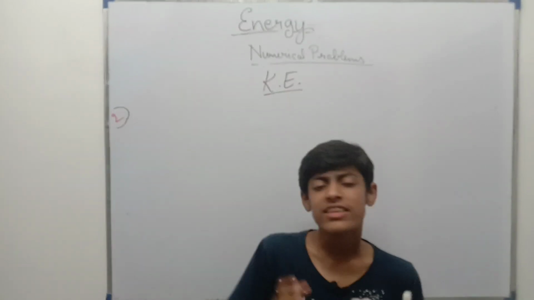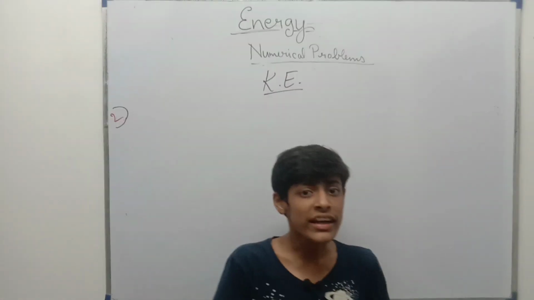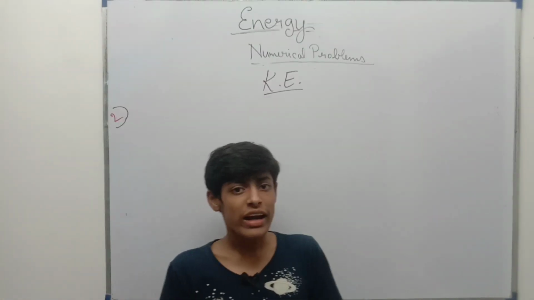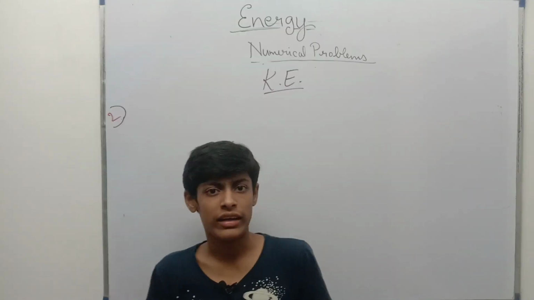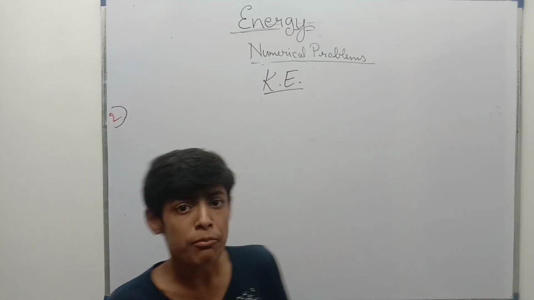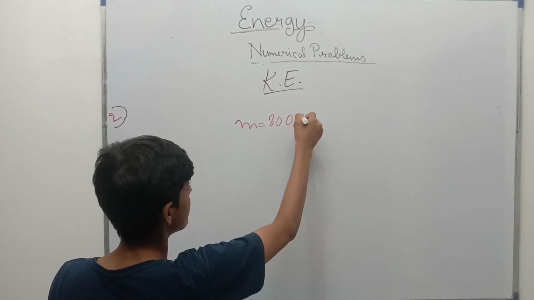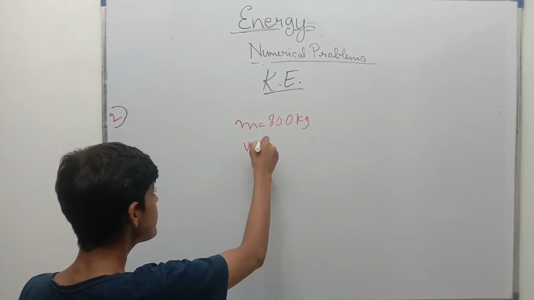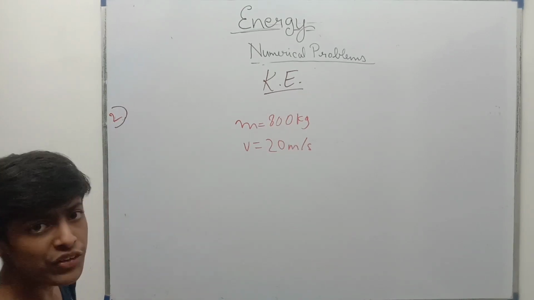So guys, the second question for kinetic energy is that a car of mass 800 kilogram moves at a constant speed of 20 meter per second. Then find the kinetic energy. Now in this question mass is given as 800 kg and velocity is given as 20 meter per second. So directly we can apply the formula, half into mv square.